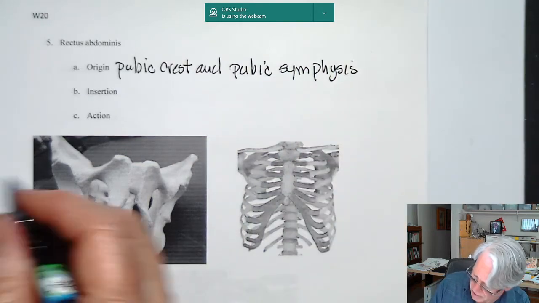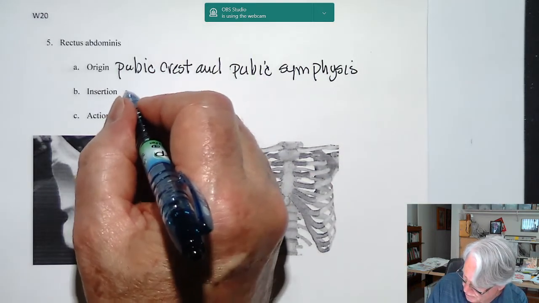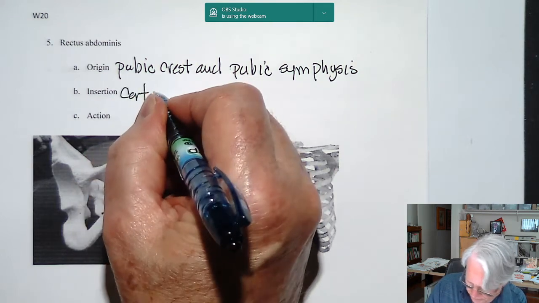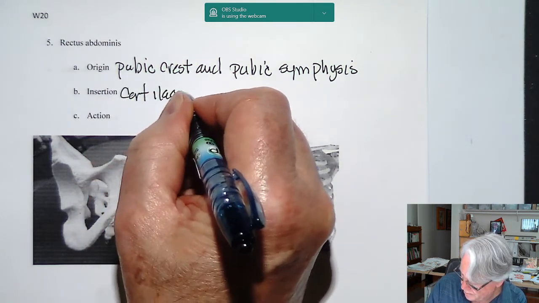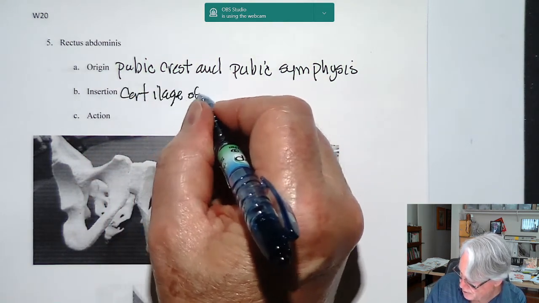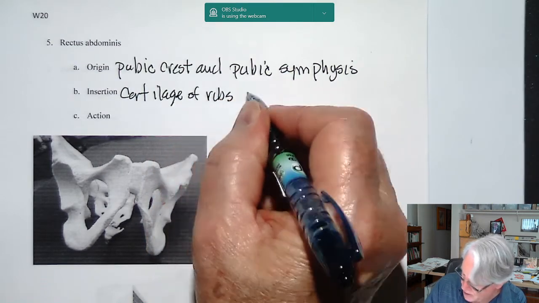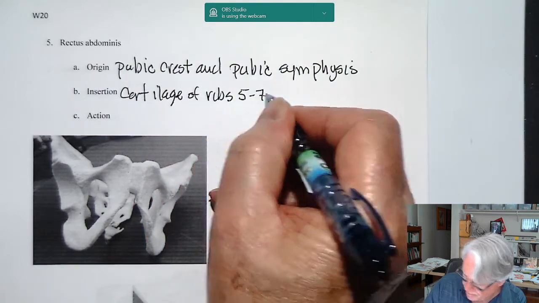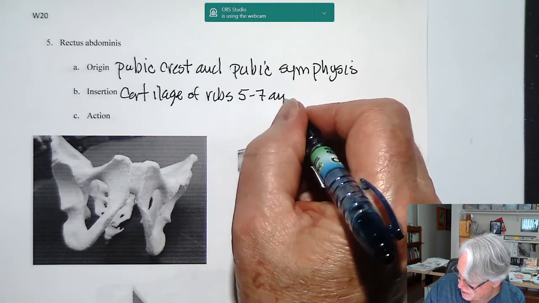The insertion is the cartilage of ribs 5 through 7 and xiphoid process.